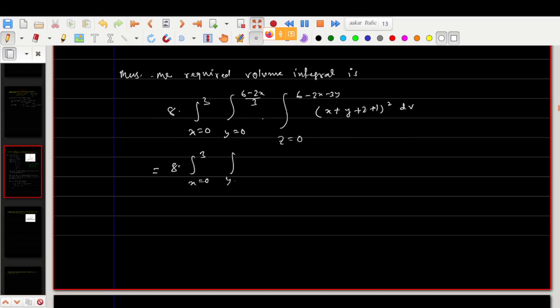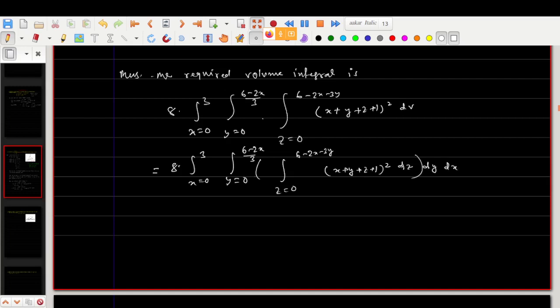So we can write now dV in terms of z equals 0 to 6 minus 2x minus 3y, x plus y plus z plus 1. So the first integration is with respect to z, then y, and then dx.